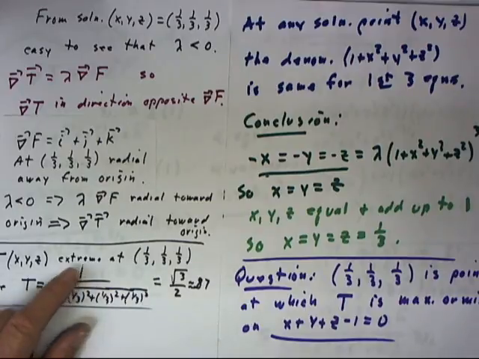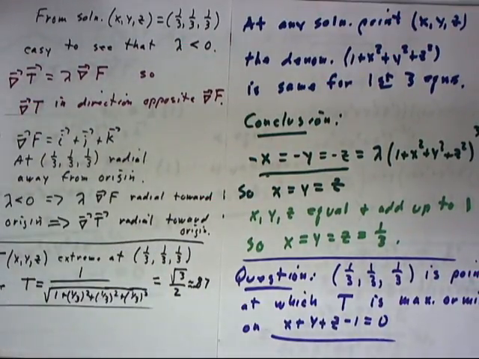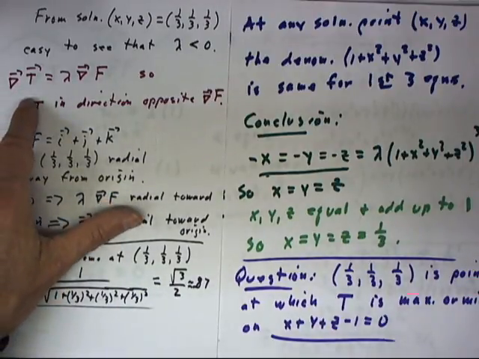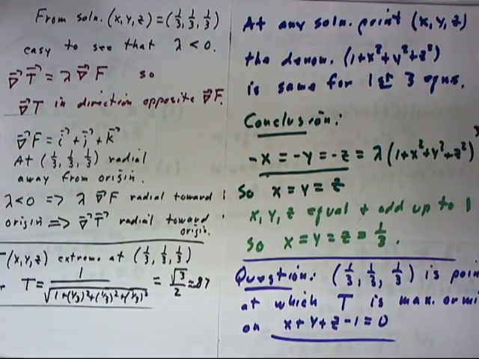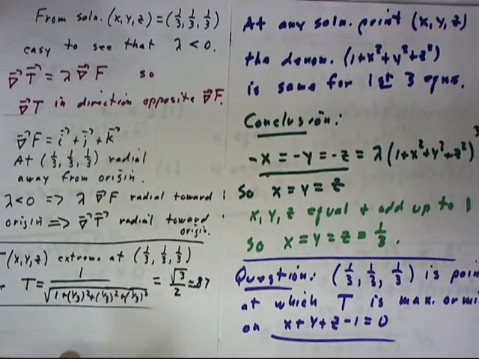This is the only point at which these two vectors are parallel, in which one of the vectors is a multiple of the other. So it's the only point at which we can have an extreme value on the plane, x plus y plus z minus 1 equals 0.